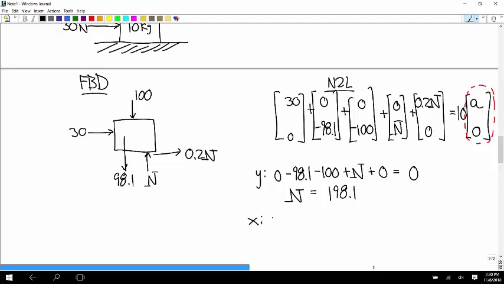And then the x equation says 30 plus 0 plus 0 plus 0 plus 0.2 times 198.1 is equal to 10a.